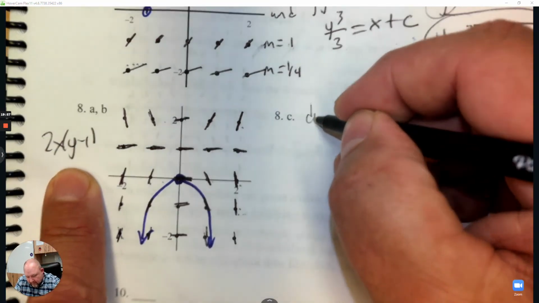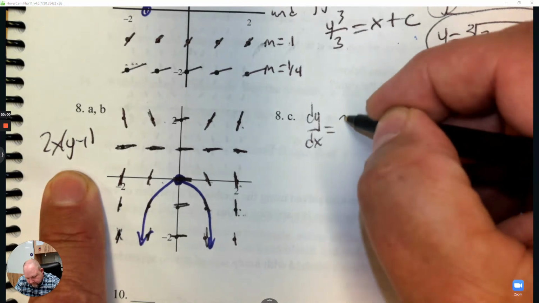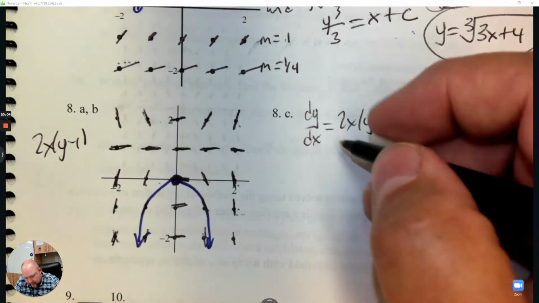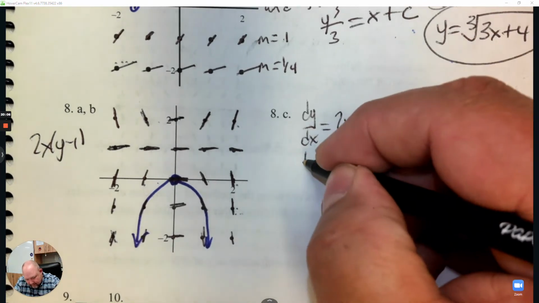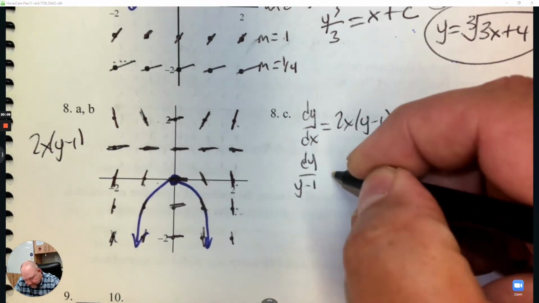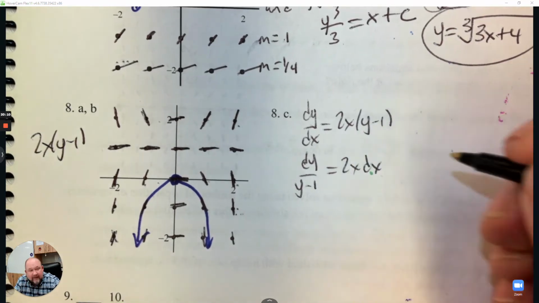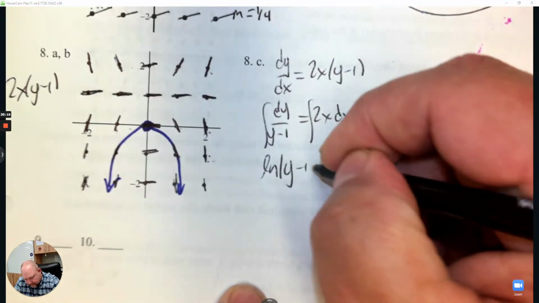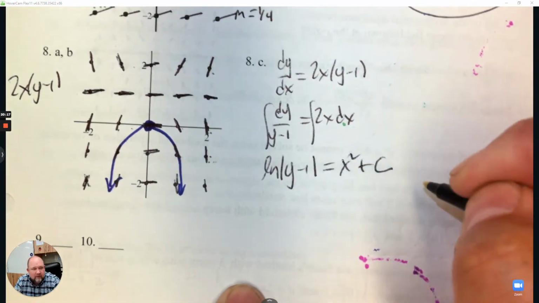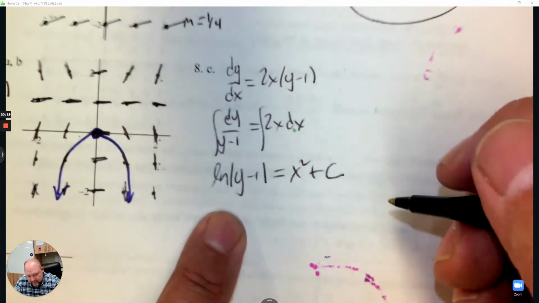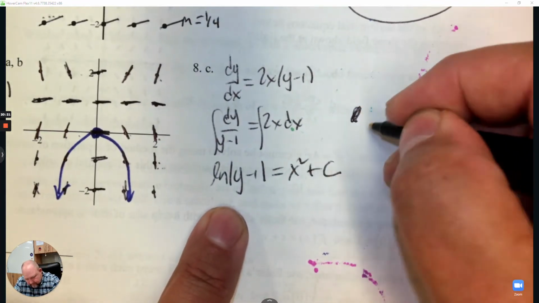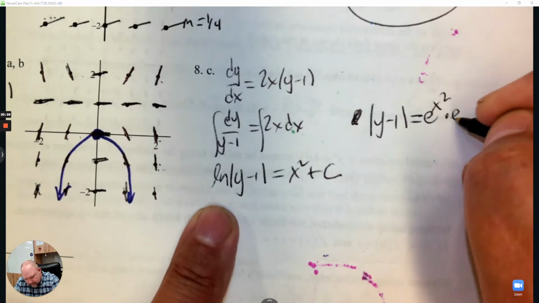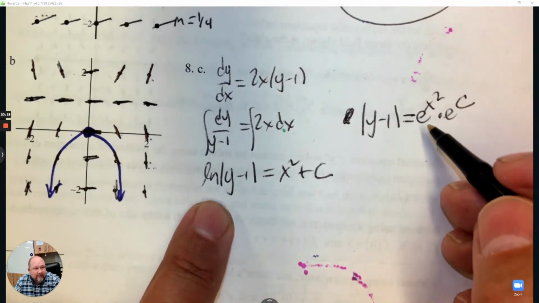So we have dy by dx. And I'm going to separate the variables. So I'm going to divide by y minus 1 and multiply by dx and integrate this. So this is going to be a logarithm. And this is x squared plus c. So we have y minus 1. And then e to the x squared.